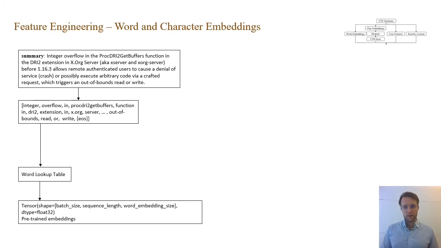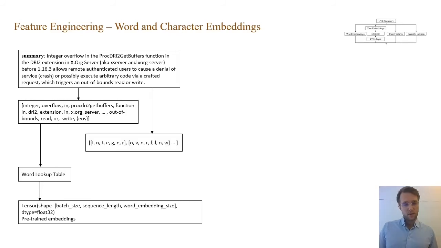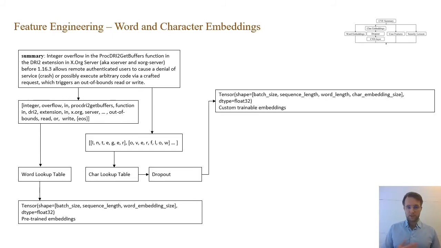For the character level embeddings, we split each character into a nested list where we have split the words as well. We keep the casing and use a special embedding for upper and lower cases. We use a similar strategy here where we have a character lookup table where we get a character level embedding, a numerical representation. We use dropout to regularize this type of embedding, and then we get an output tensor of batch size, sequence length, the word length as well, and the character embedding size.